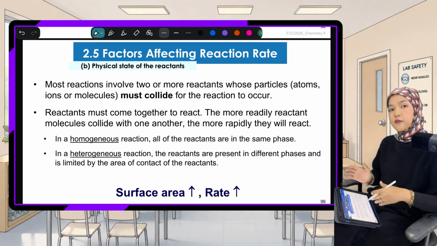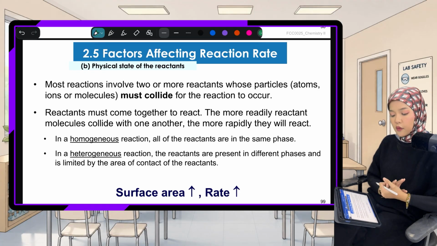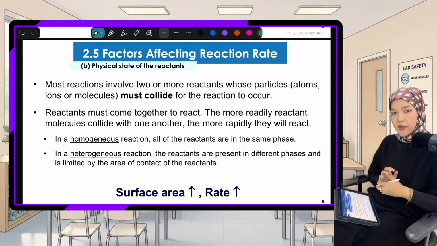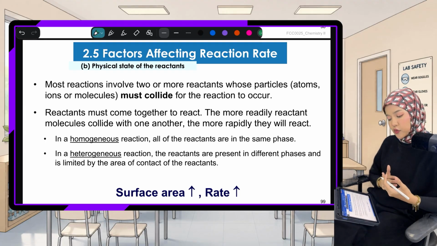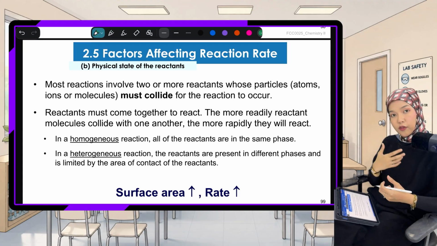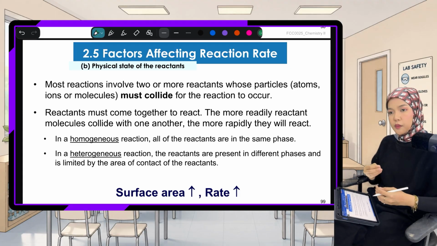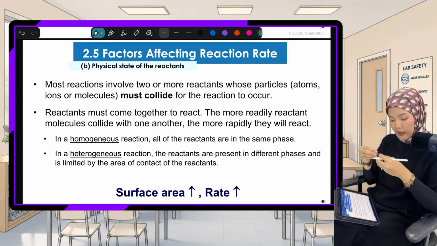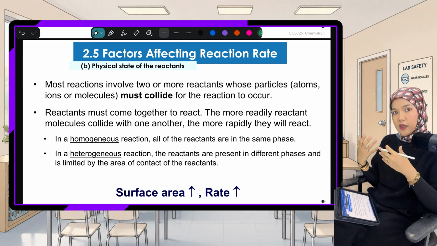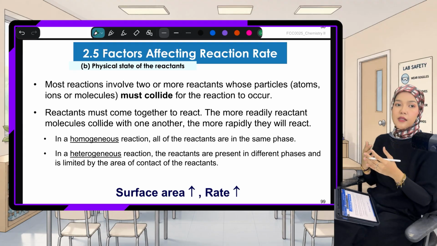The second one is the physical state of the reactants. Most reactions involve 2 or more reactants, whose particles, whether atoms, ions, or molecules, must collide for the reaction to occur. Because it involves collision, this collision will be affected by the surface area.